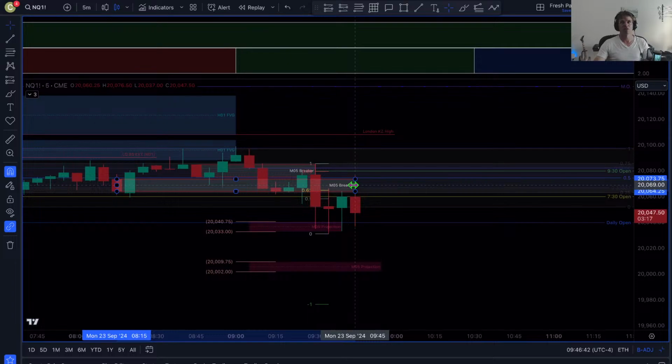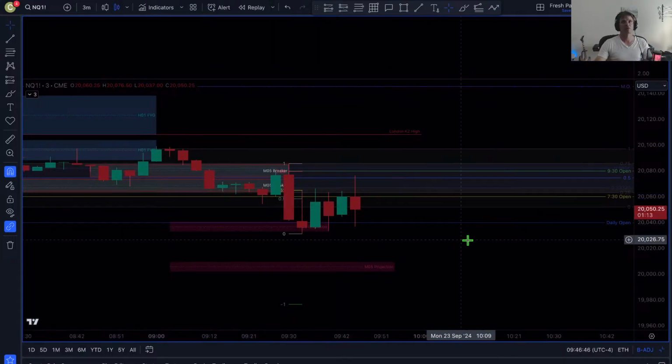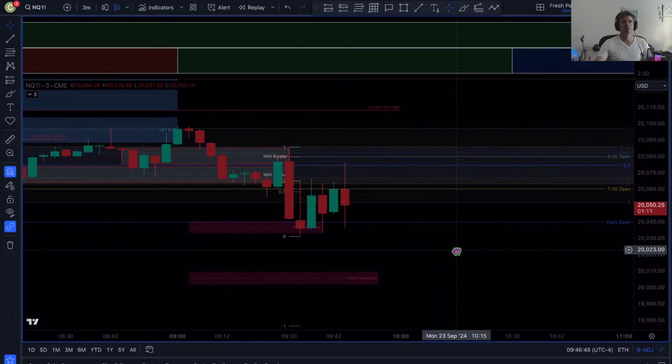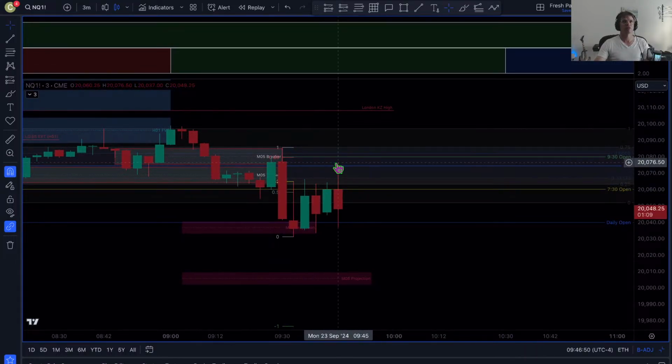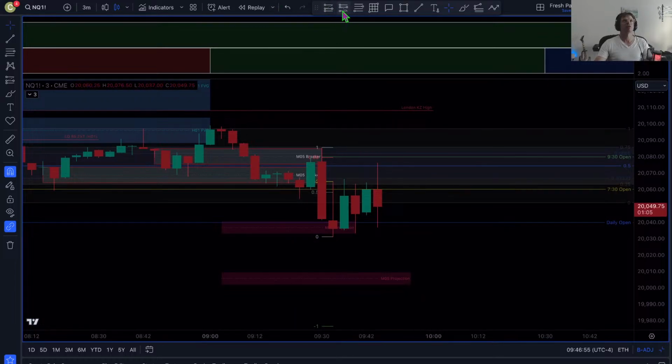Breaker did get invalidated. If you look at the 3-minute here, that was a decent sweep into this range. The EQ close down here would be 3-minute confirmation of this play.